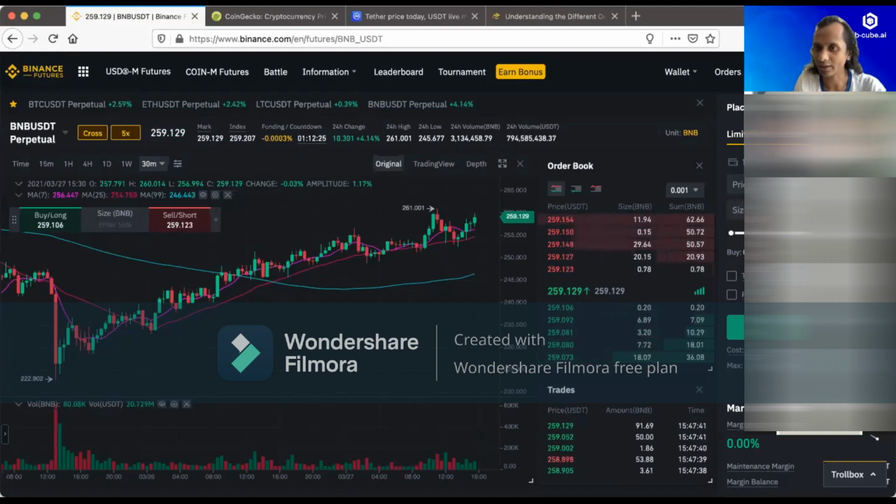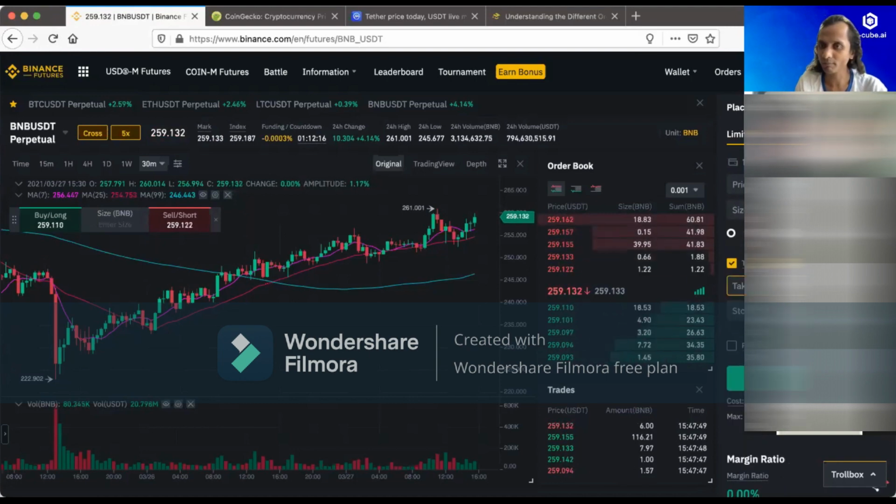So now if I take 10% of my available money, and you can make this one on Binance, which is really very good. It's really amazing. You can put your take profit. For example, okay, I would like 259. And what is the market price right now? 259.17.